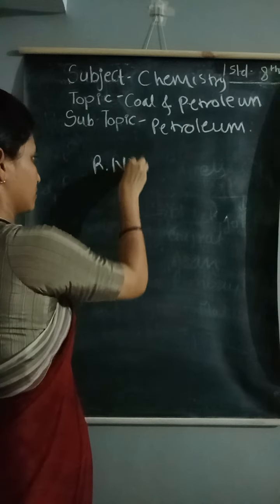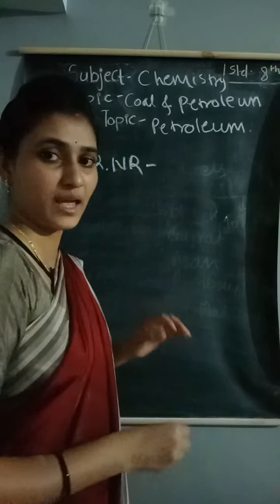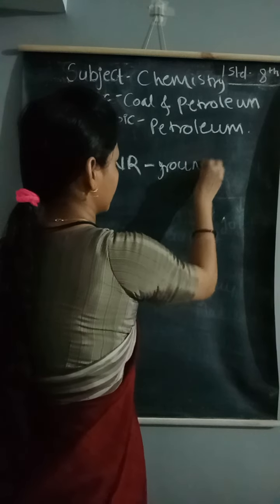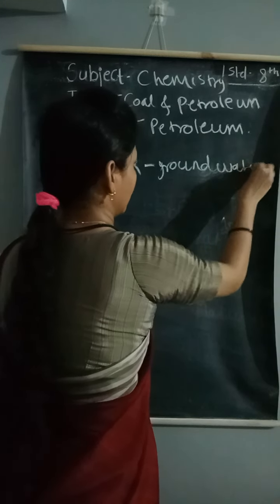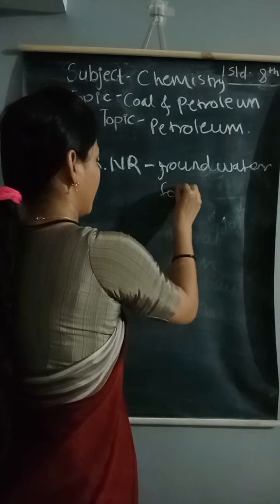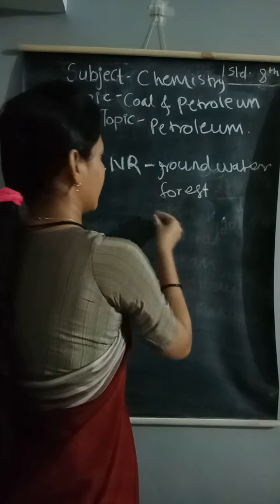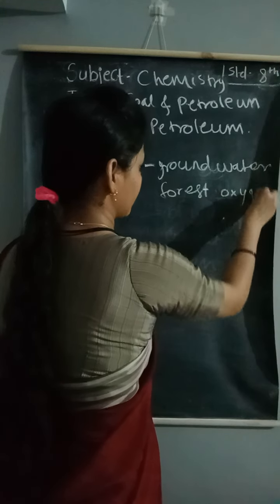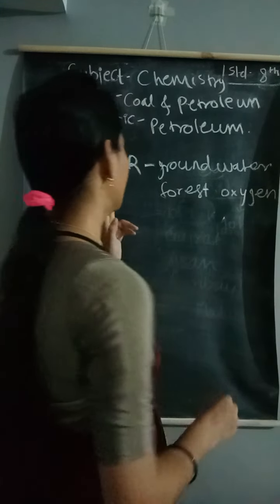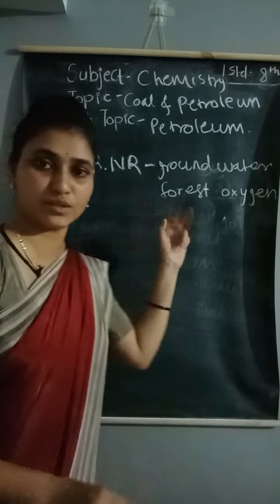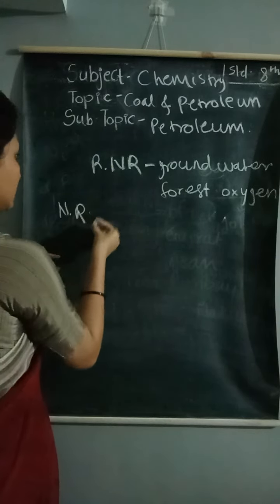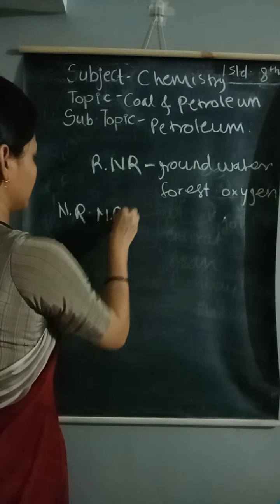Renewable natural resources having examples like groundwater, forest, oxygen. Those are the renewable natural resources. What are the non-renewable natural resources?